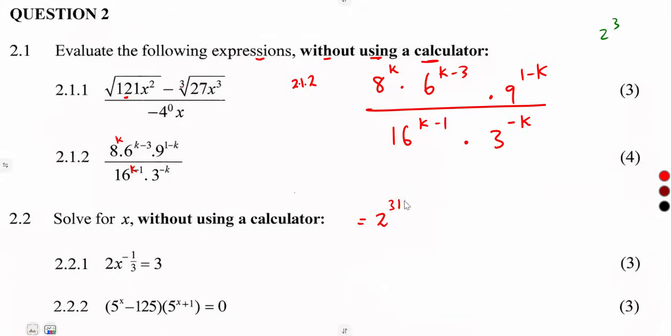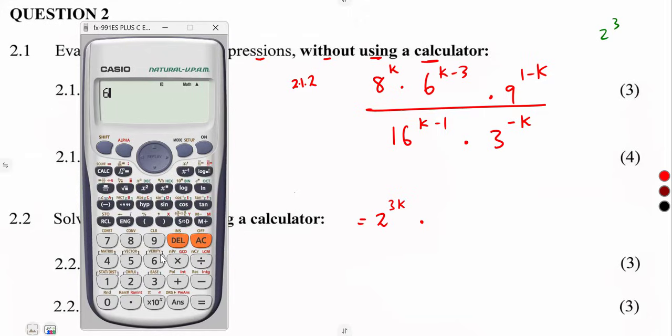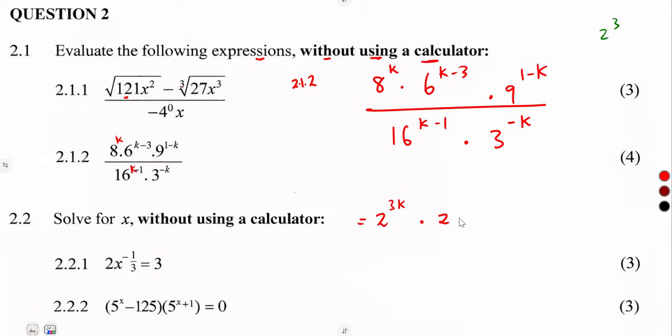So it's going to be 2 to the 3k times 6. 6 is the same as 2 times 3, so that's 2 times 3 to the exponent of k minus 3.